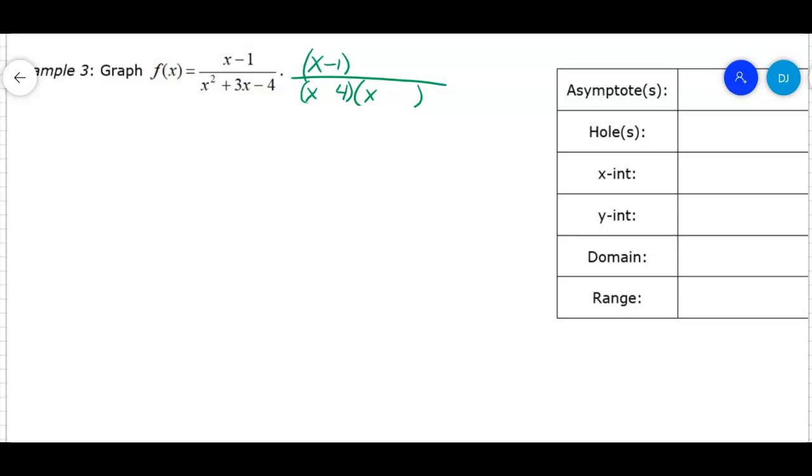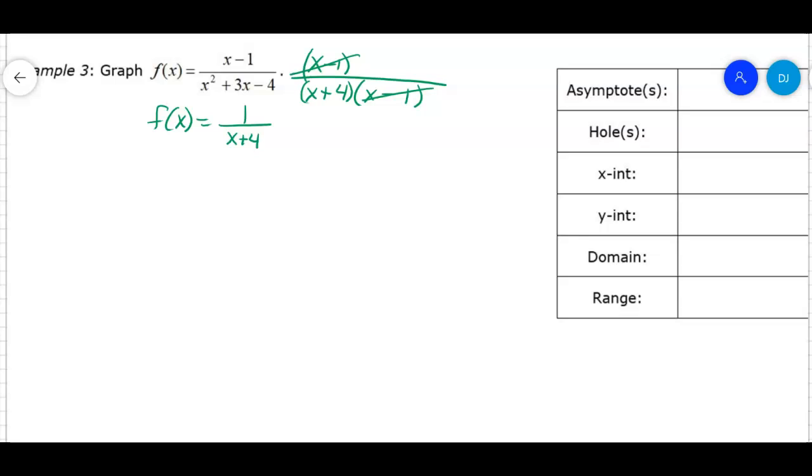And so if I think about 4 and 1, and I need a positive 3, so that's going to be a positive 4 and a negative 1 that would multiply. Okay, notice how the numerator and the denominator both have x minus 1. So with that being said, we're going to end up having our simplified function of 1 divided by x plus 4.